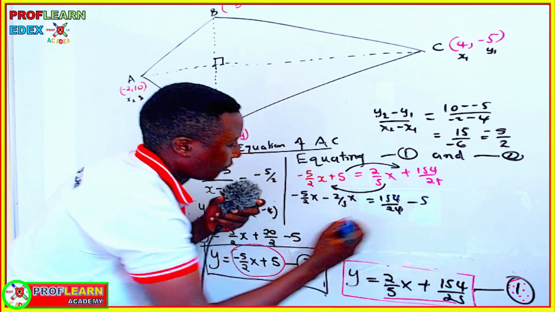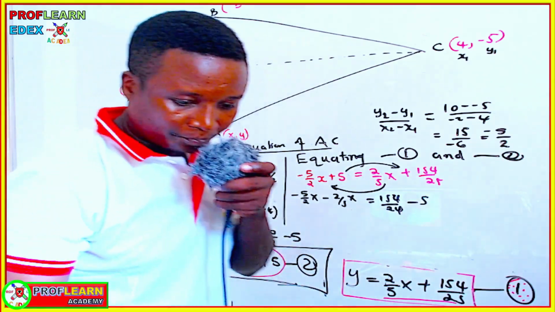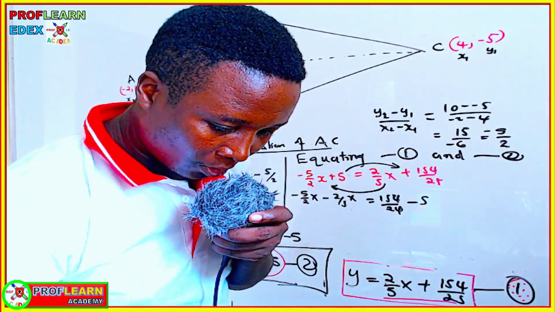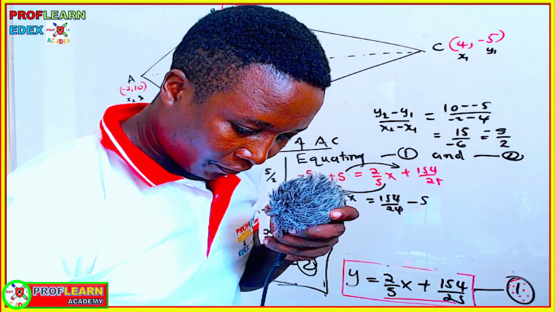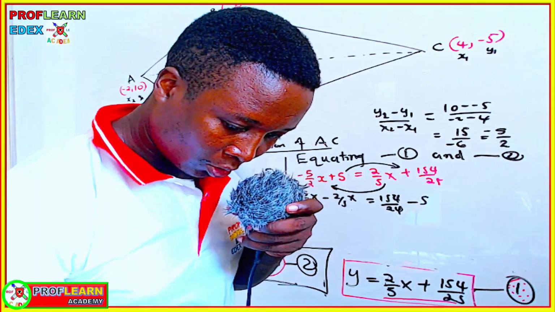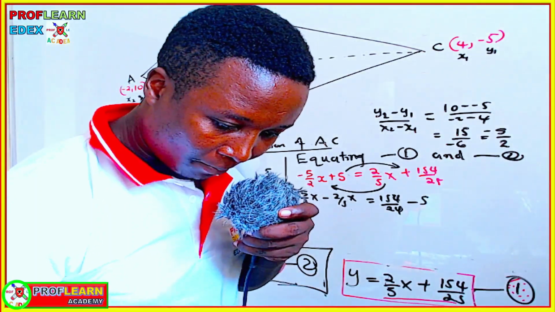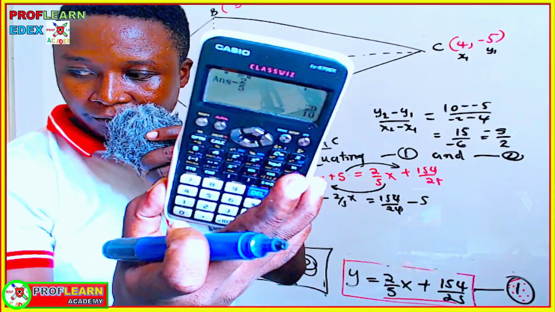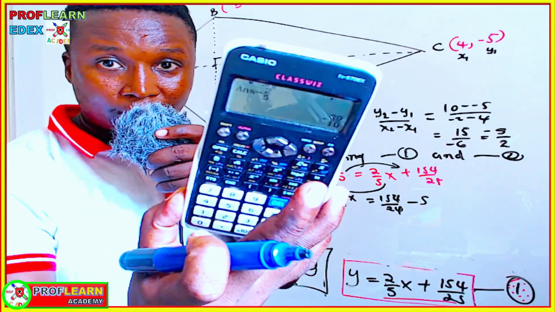then minus 5. So if I try to work out minus 5 over 2 minus 2 over 5, I'm getting negative 29 over 10.